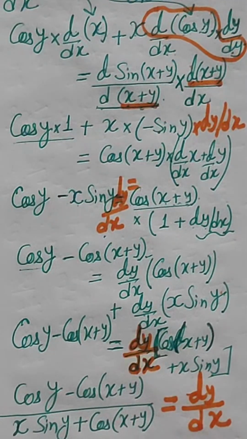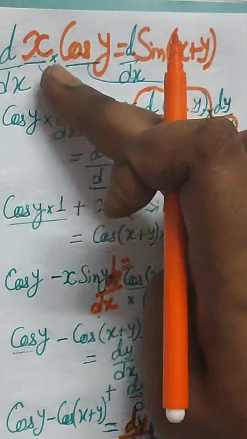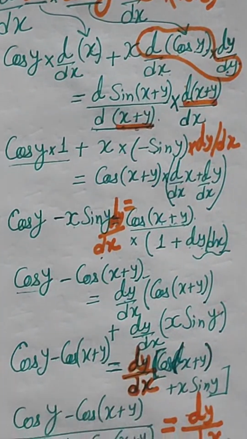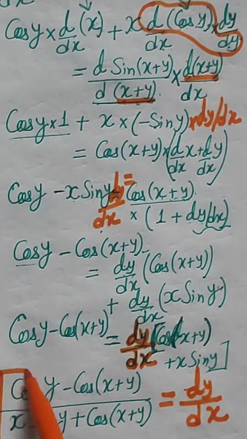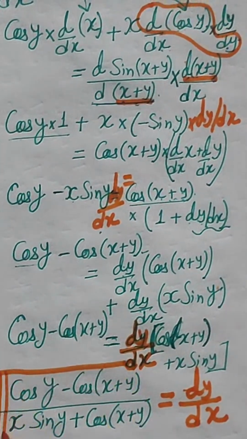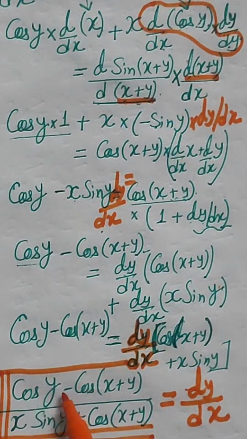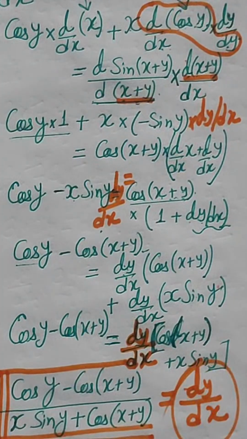So students, you can see we have differentiated the function x cos y equal to sin (x plus y), and we have reached the solution that dy by dx is calculated, and that is equal to cos y minus cos (x plus y) divided by x sin y plus cos (x plus y), and this is the value of dy by dx.